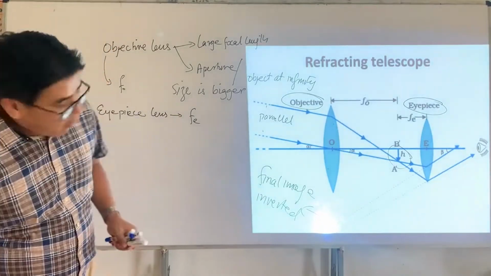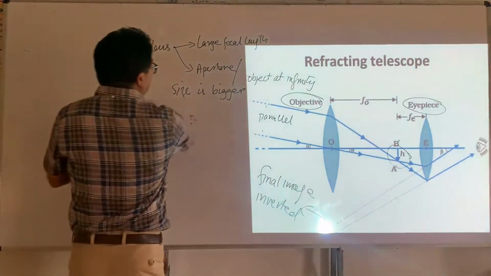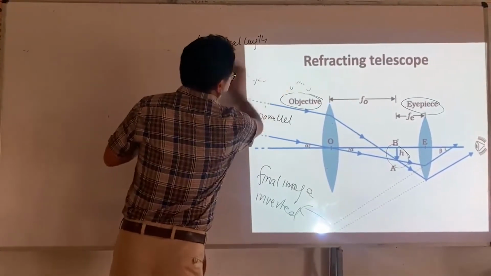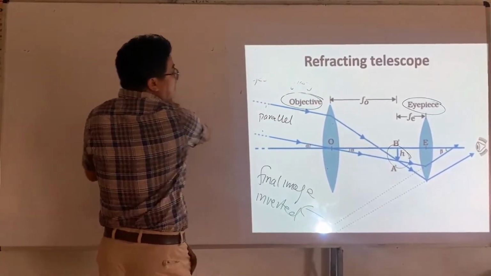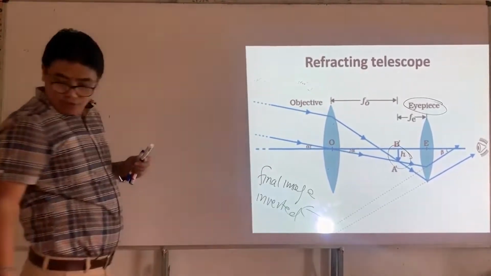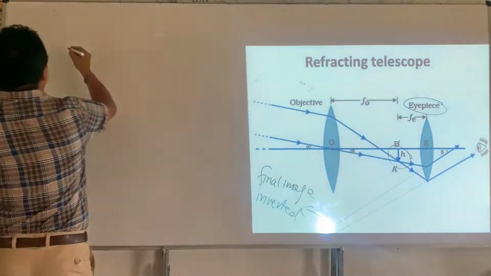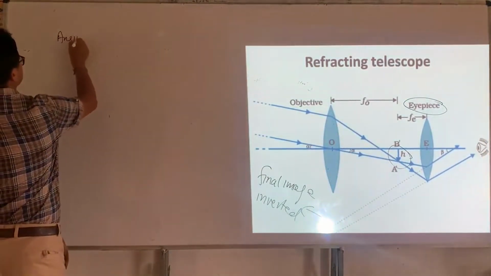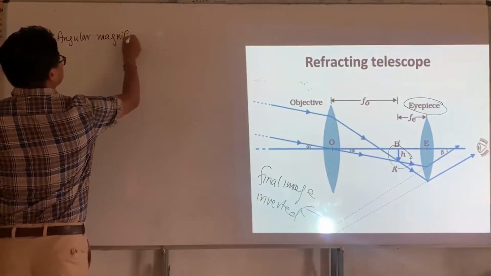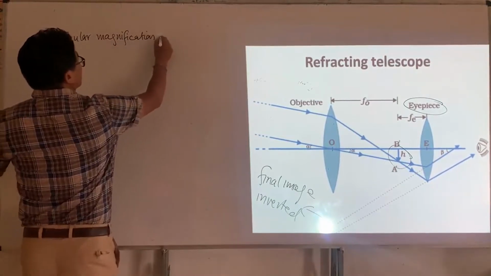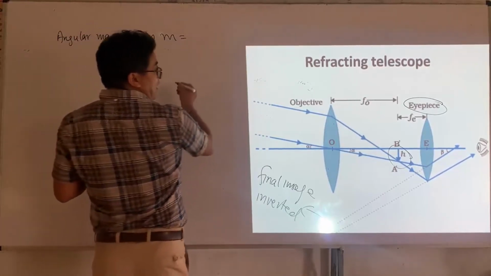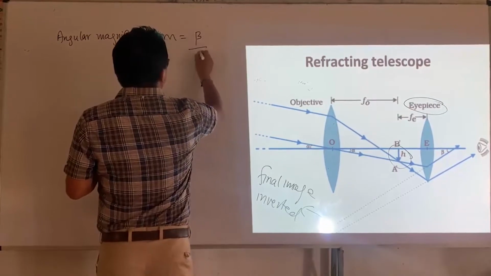Alright, now for the microscope, for the telescope also, we are going to find out angular magnification. So angular magnification is equal to beta divided by alpha.